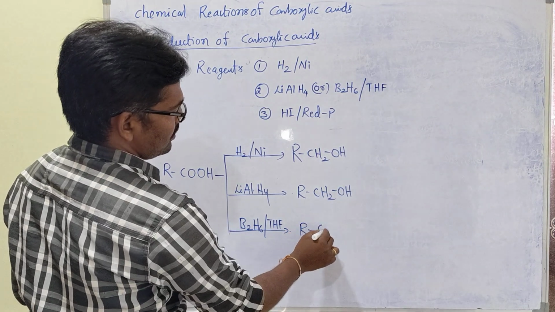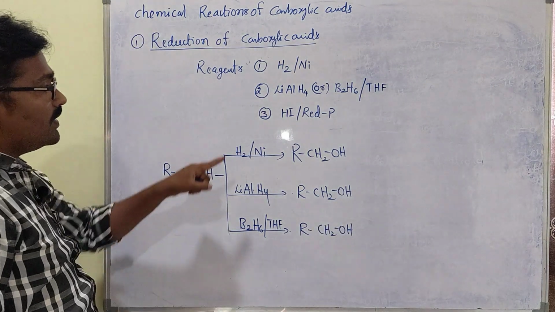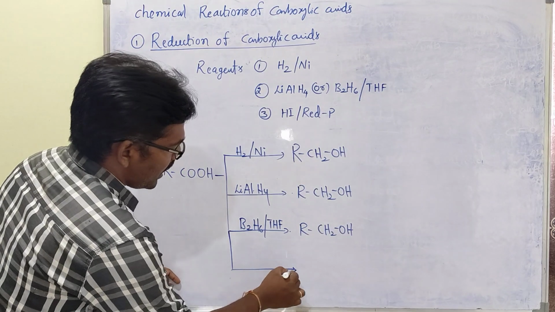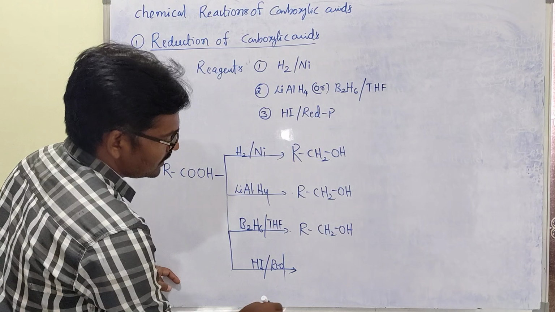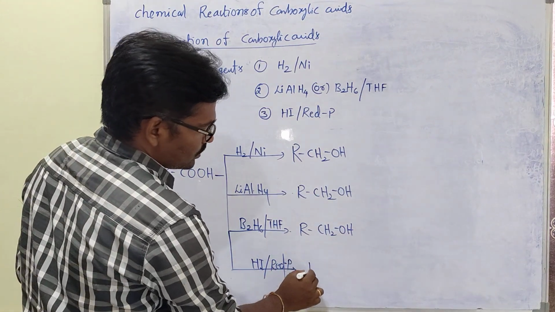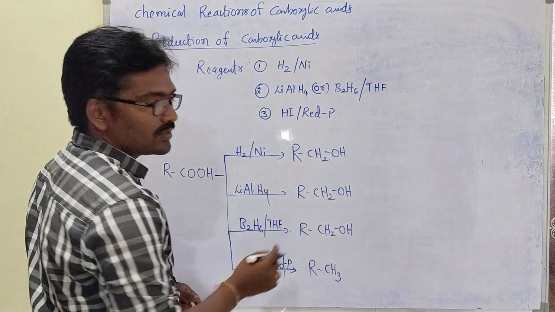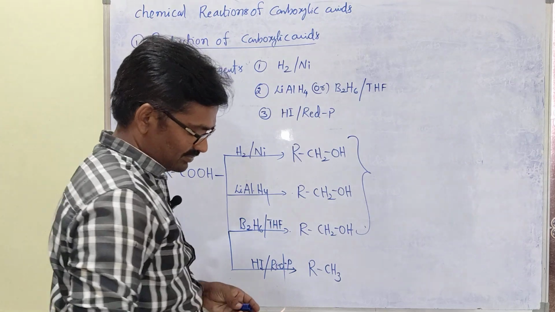All these cases give CH2OH. Then the third reagent, hydrogen iodide in the presence of red phosphorus, converts it into alkanes, CH3, like this.